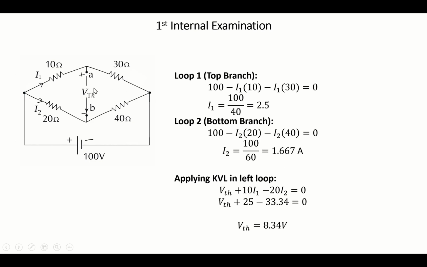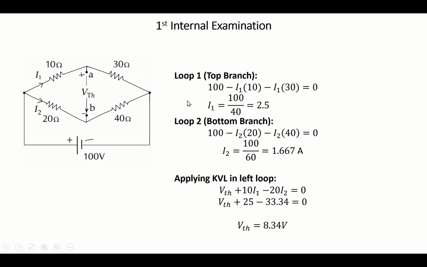Now we evaluate VTH. So VTH is comparatively easier in this case. So what we do is we consider a loop where, accompanying this voltage source, then this 10 ohm resistor and this 30 ohm resistor. So if we consider this outer loop and apply KVL to it, I'm moving anti-clockwise starting with this voltage source.